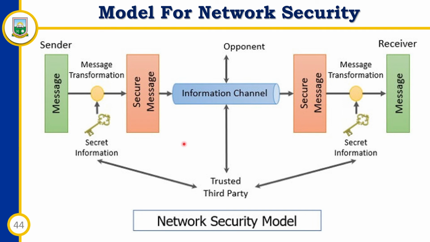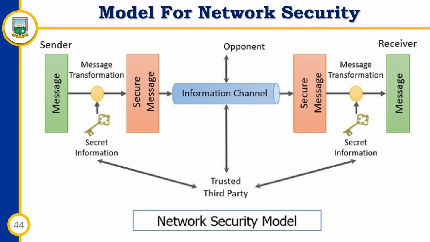When that is done, the transmission of the message from the sender to the recipient will need some sort of medium, and in this case the medium we talk about is the internet service. This is the information channel that we have in here.